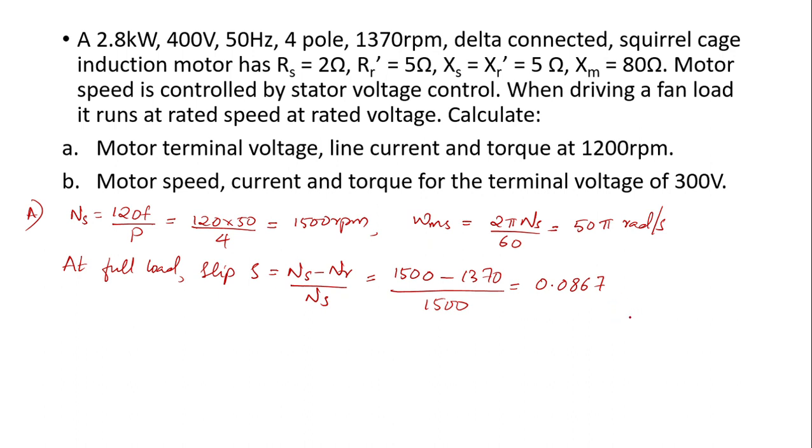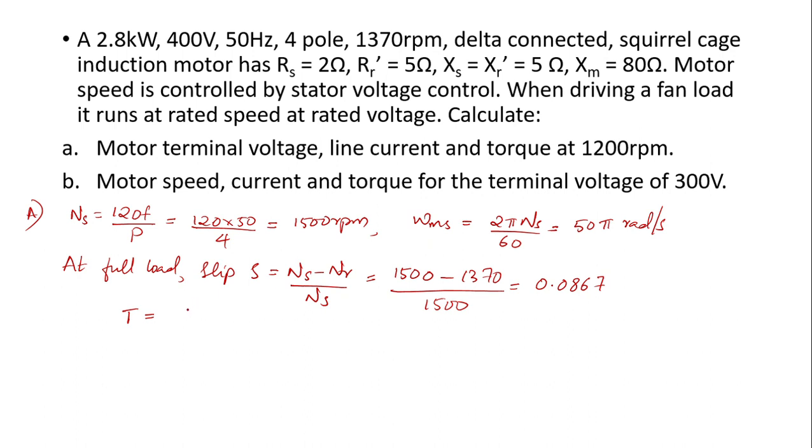Now, in the problem, you have to find out the terminal voltage, line current, and torque. The only parameter that is given is that it is running at 1200 rpm. So I'm going to find out the value of the rated torque. We have derived the equation for rated torque at the beginning of module 4.